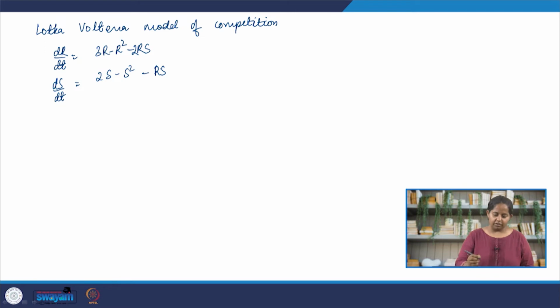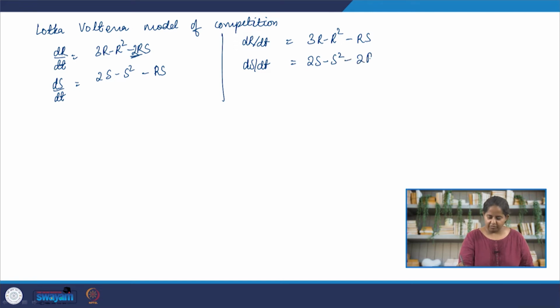So now our new model looks something like this. So not twice as harmful for rabbits, but quite harmful for the sheep now. So let's go ahead and find the fixed points.